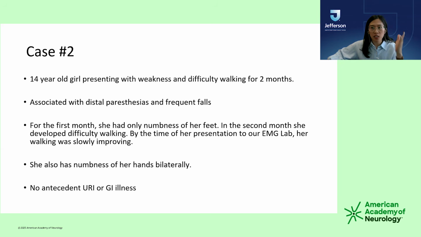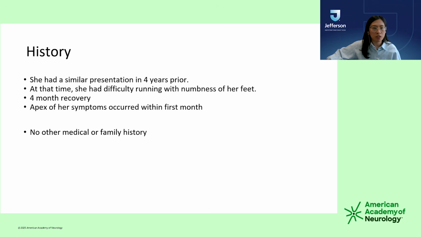But by the time she got to us in the EMG lab, which was, I believe, between her second and third month, she felt like she was slowly improving. She also had some numbness in her hands bilaterally, and she didn't remember having any illness prior to her presentation. Interestingly, she had a similar presentation 4 years prior.